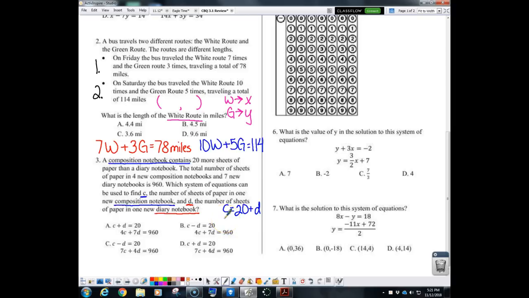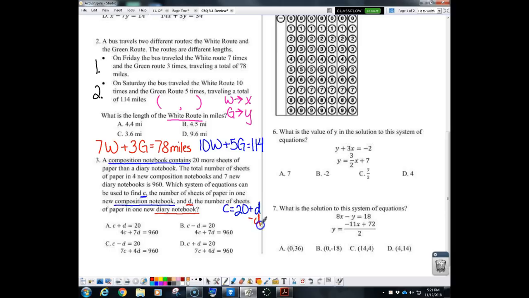Now, if you look at your answer choices, none of them look like that, right? C and D are all on the same side. So to get C and D on the same side, you would have to subtract D. You have to move this around a little bit.